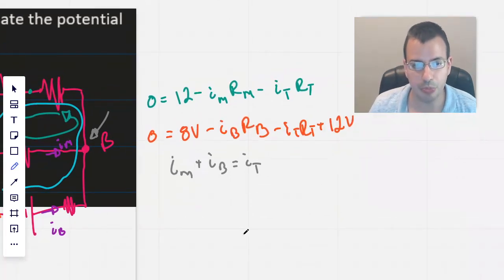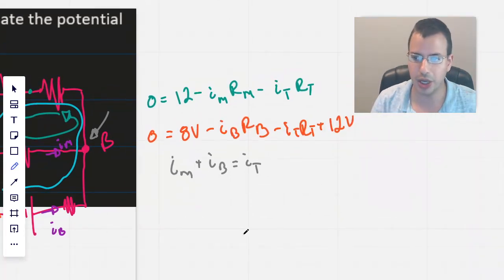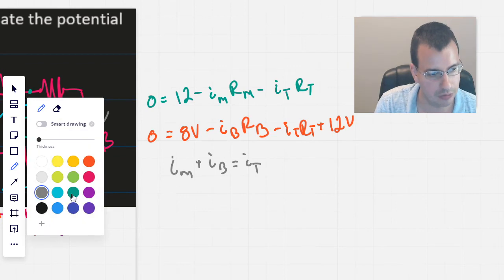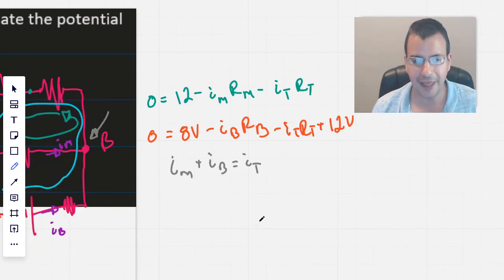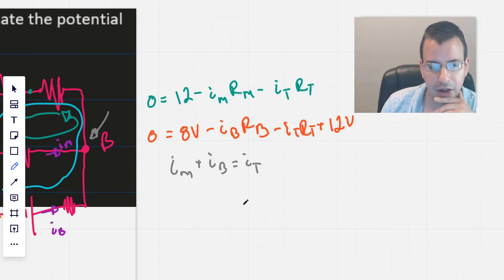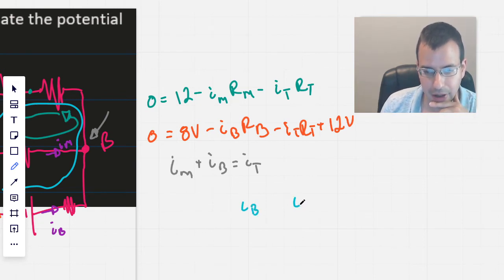We want to rearrange these in such a way that they are easy to solve. The way I'm going to do that is put the voltages on one side, so it will basically be I bottom, I middle, I top, equals voltage.